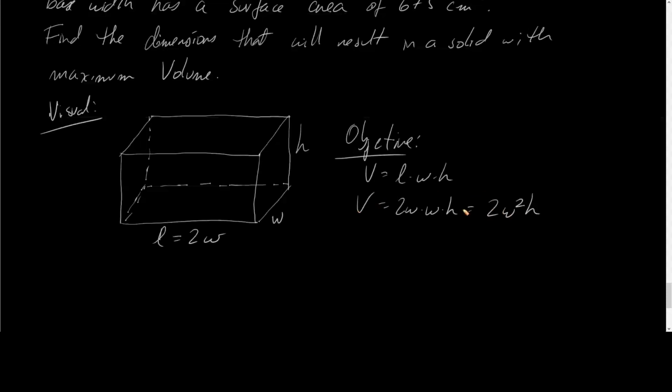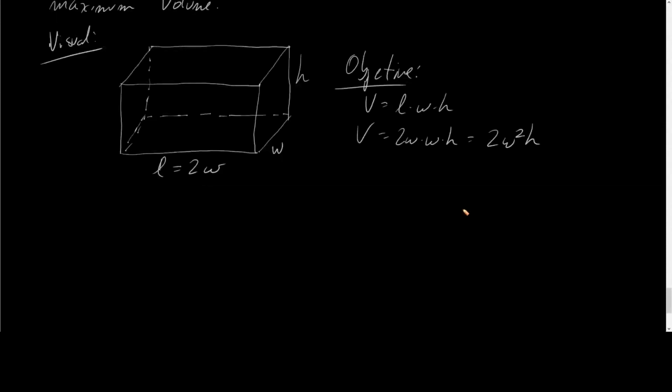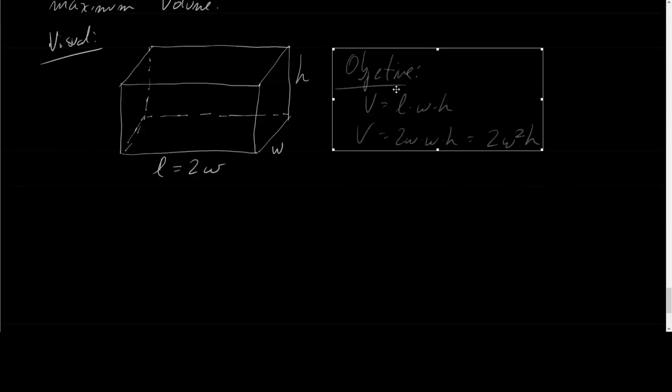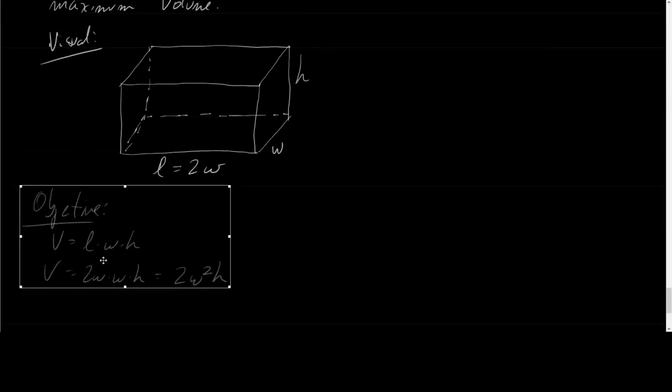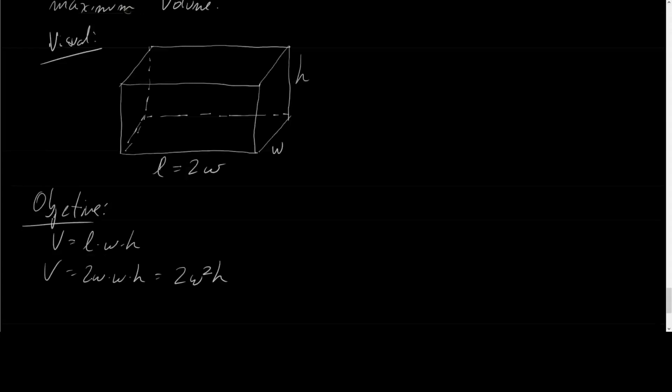Let's put that on the side for now. That's going to be our objective. Let's figure out our constraint, how our constraint is going to help us here. And perhaps I'll move this out of the way there. I'll put it down here for now. So that's not how you spell objective. I'm missing like a C there or something. Objective. All right, cool.